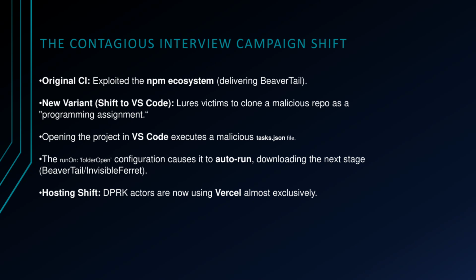Opening the project in VS Code executes a malicious tasks.json file. The run-on folder open configuration causes the script to auto-run the moment the project is loaded, downloading the next stage payload without the victim's active execution. The DPRK actors are now using Vercel almost exclusively for hosting infrastructure.